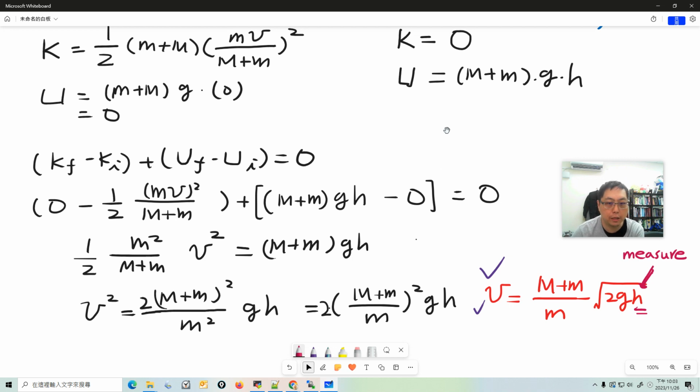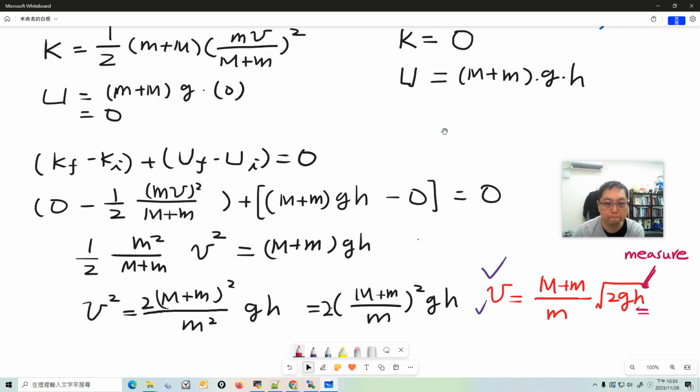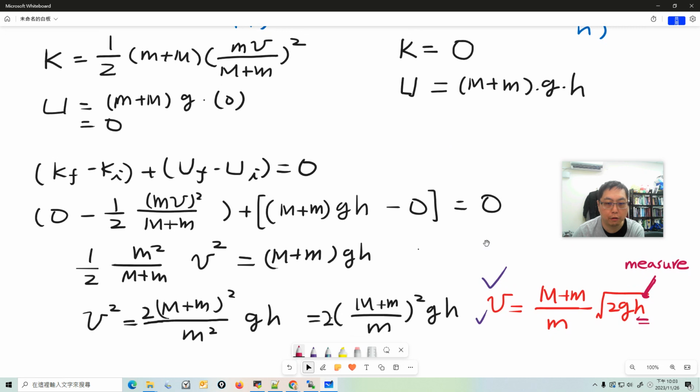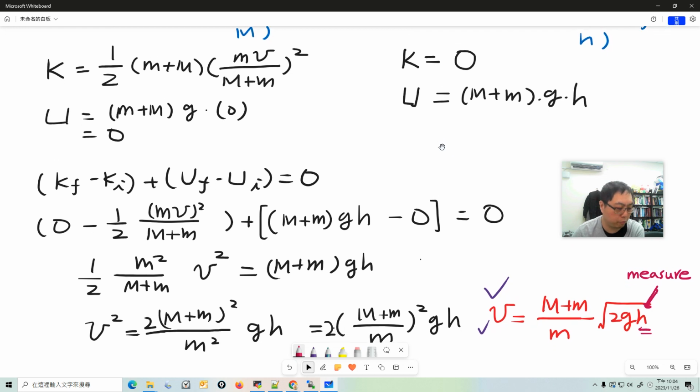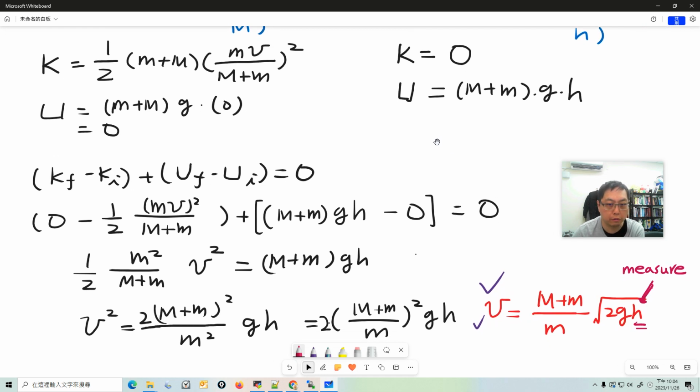So this is problem C, using energy conservation to find a relationship between h and v. For the ballistic pendulum, we will have another video. In the next video, I will use this ballistic pendulum to introduce a concept called internal kinetic energy.